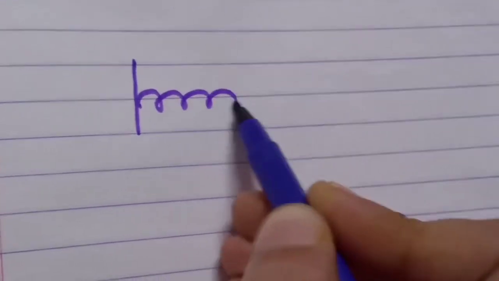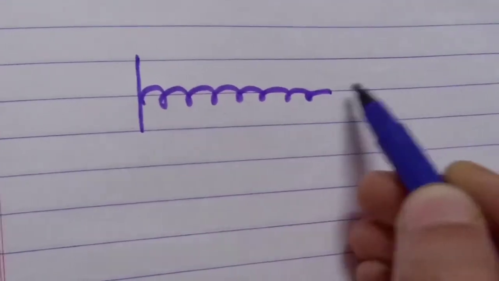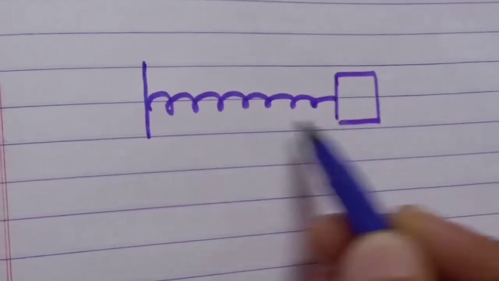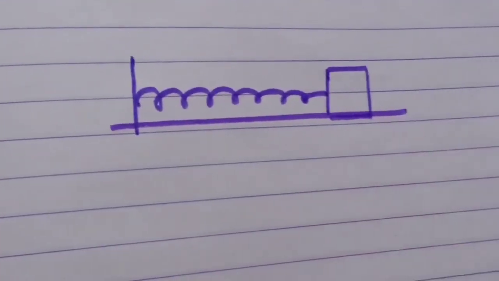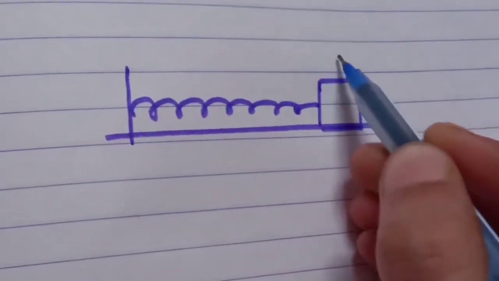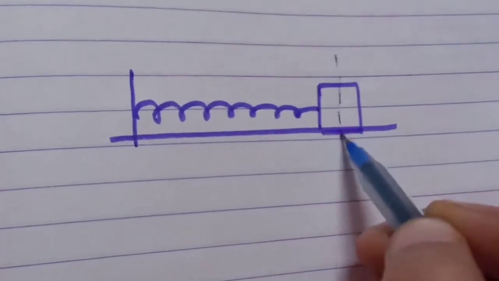If there is a system having a spring and this is the block, so this is its mean position.